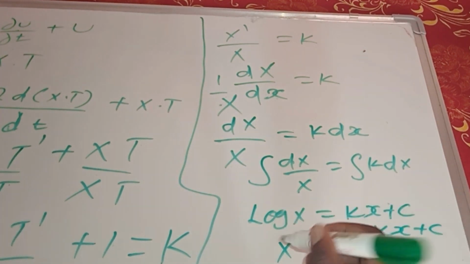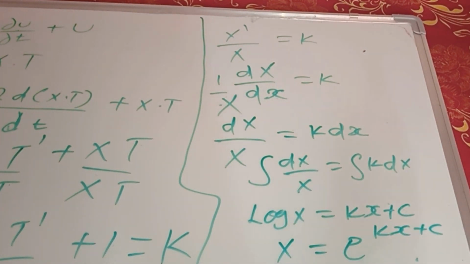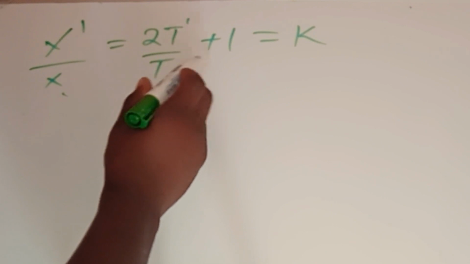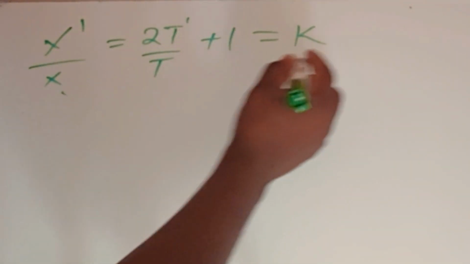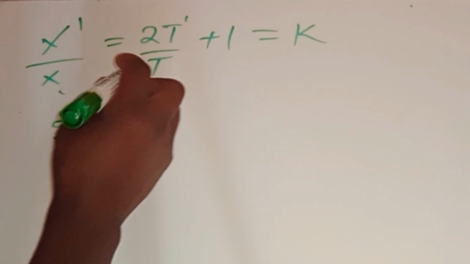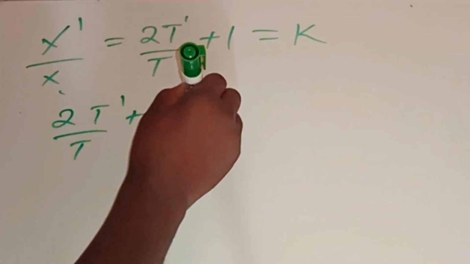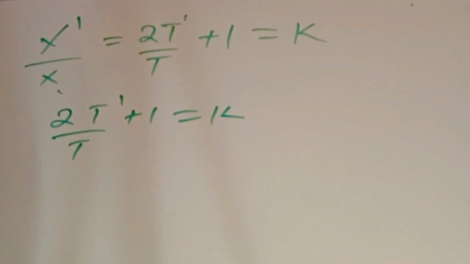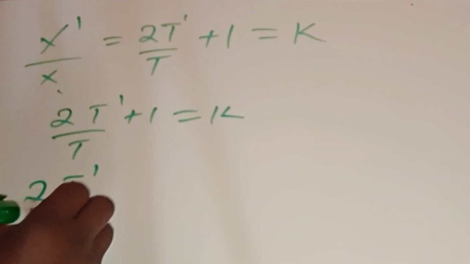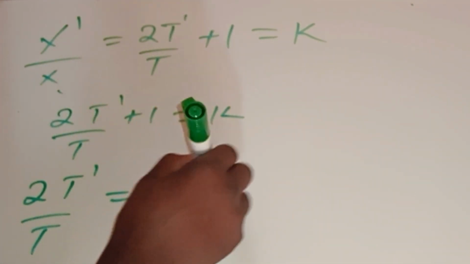We have x. Now we find t. 2t prime over t plus 1 corresponds to k also. So 2t prime divided by t plus 1 is equal to k. Okay, so 2t prime divided by t is equal to k minus 1.